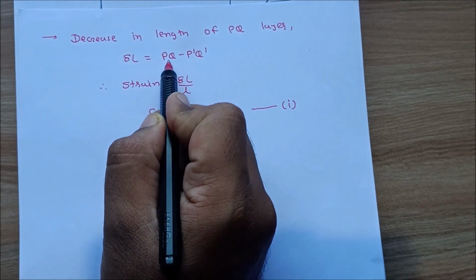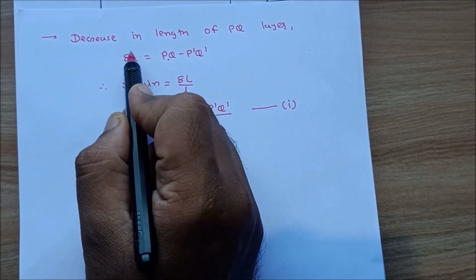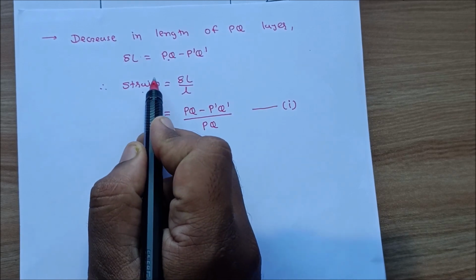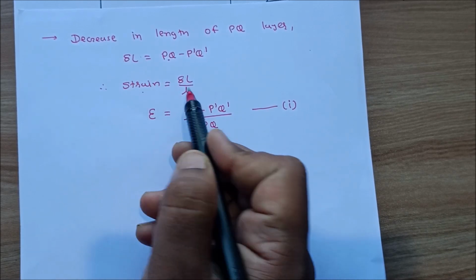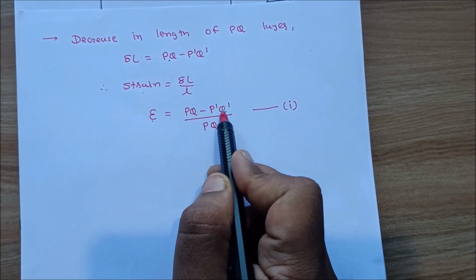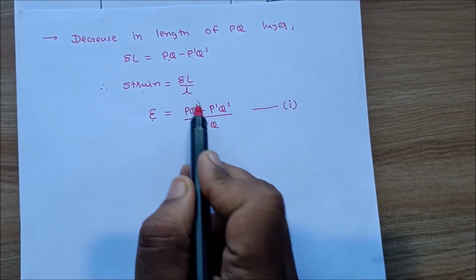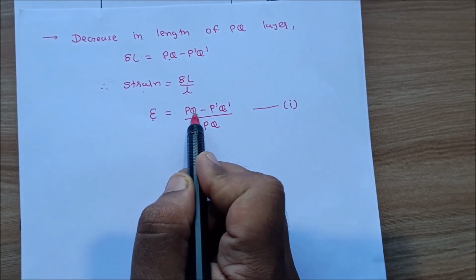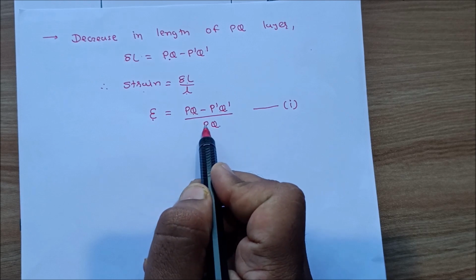PQ is the original length, and we know that strain is equal to delta L by L. So strain is equal to change in length, that is PQ minus P dash Q dash, over original length, that is PQ.